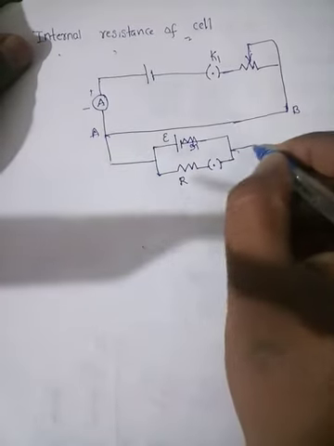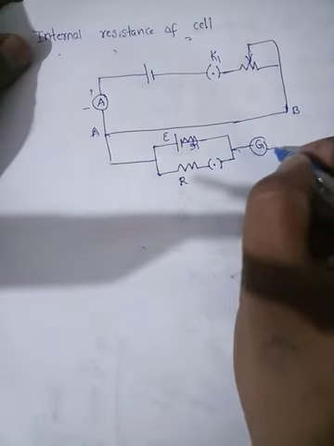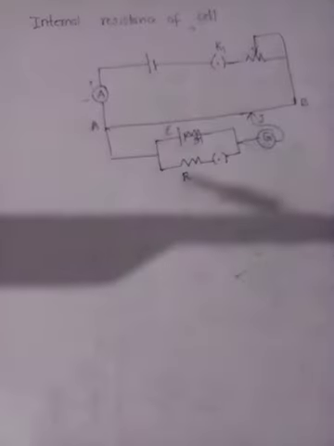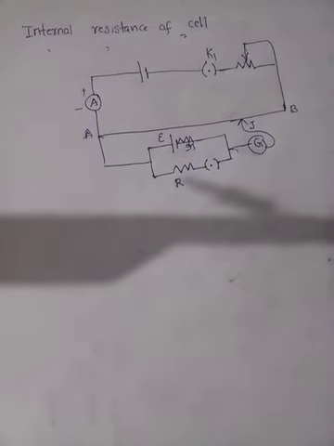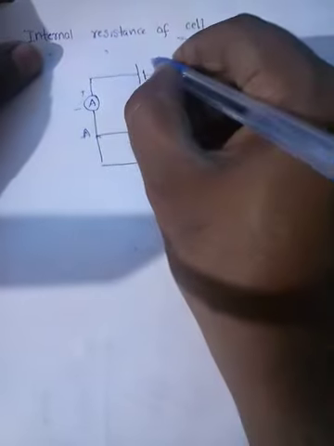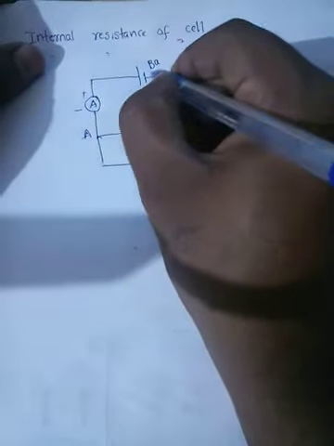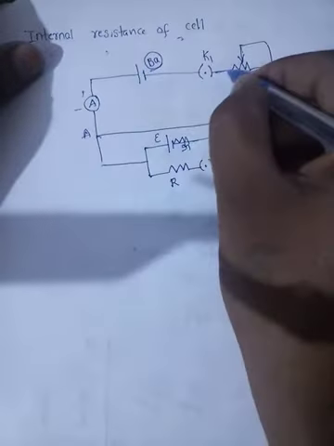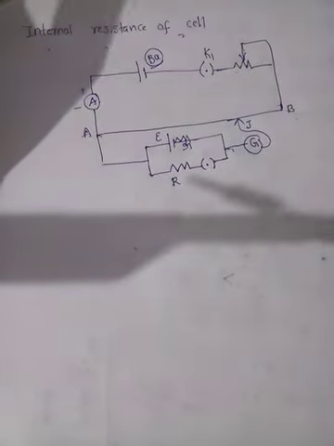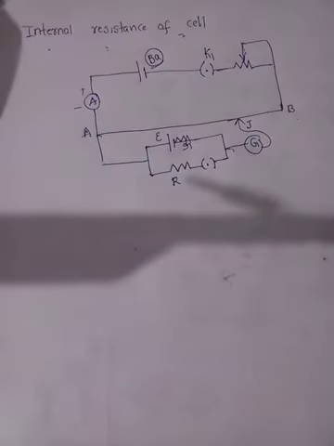As usual, a galvanometer should be connected, and the galvanometer should be connected to the jockey. So this is the secondary circuit. In the first case, we make the current flow constant by adjusting the rheostat, and we check the connections at A and B. If it shows opposite deflections, the circuit is ready to calculate the internal resistance of a cell.